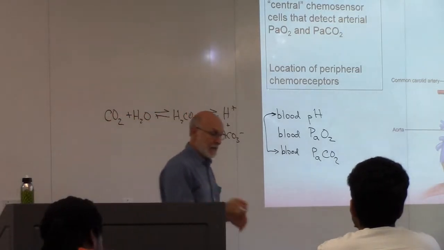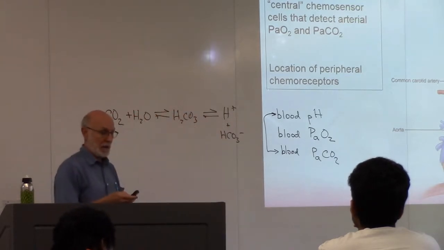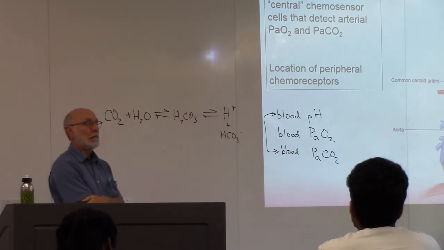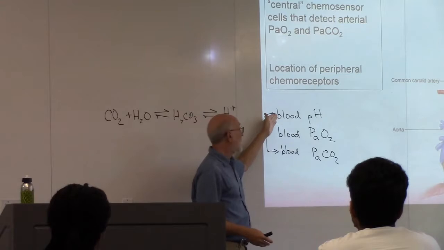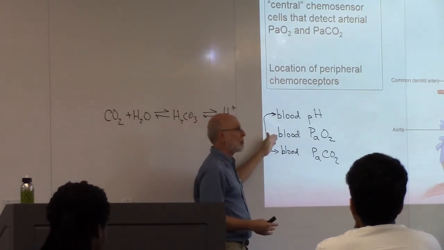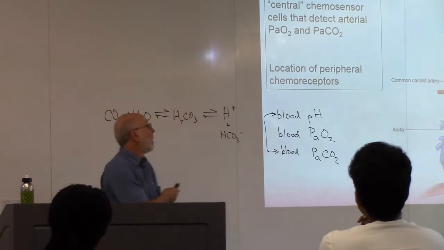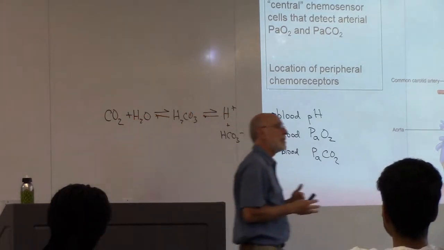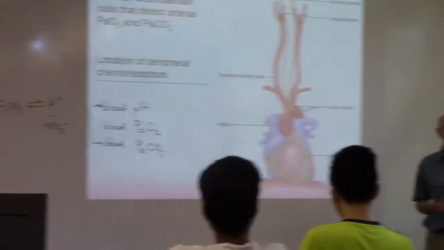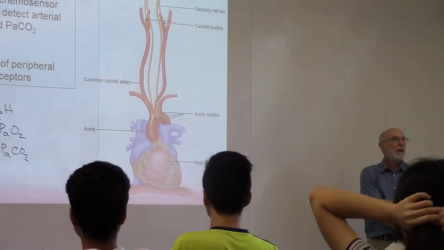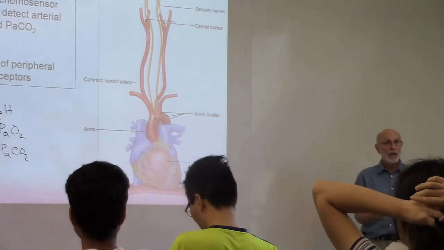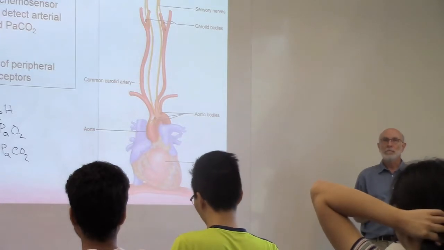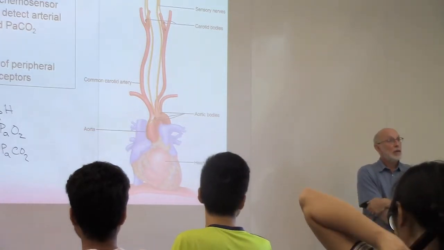So those are the things that are detected. How does your body detect it? Well, we have chemosensors, neurons that detect chemicals. The chemicals being acid, protons, oxygen tension or oxygen partial pressure, and CO2 partial pressure. At least some of them are in the same places as the baroreceptors that you might remember from the circulatory system that detect blood pressure and control cardiac output and vascular resistance in order to control blood pressure.